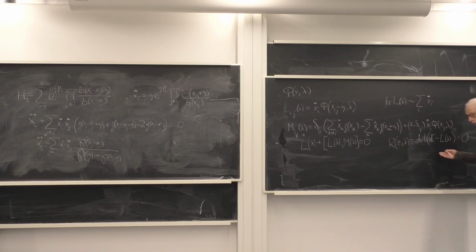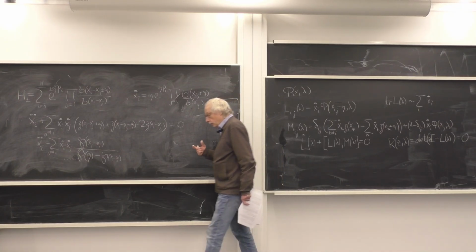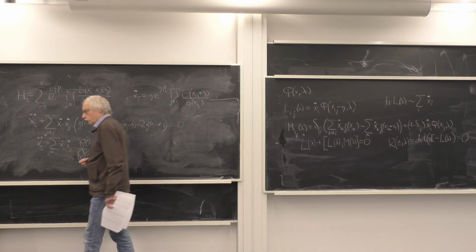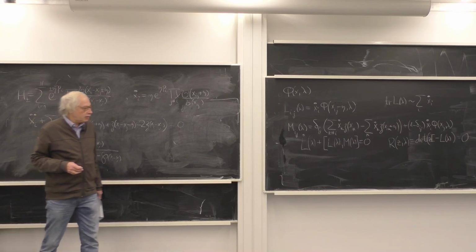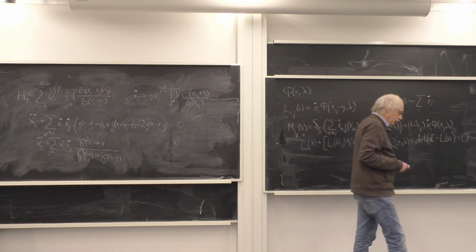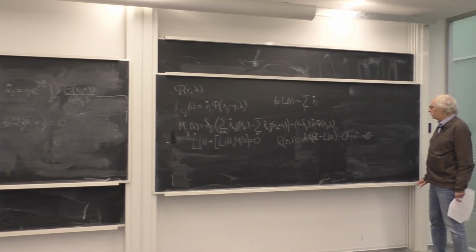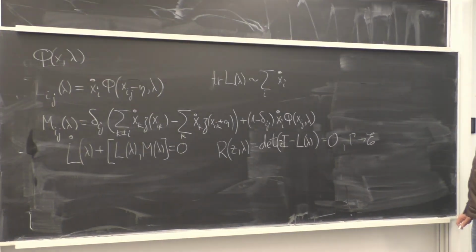Its properties can be found much in the same way as we did for the Calogero-Moser model. In particular, it can be shown that the genus of this curve is equal to n. This curve gamma, again, is a covering of an elliptic curve.